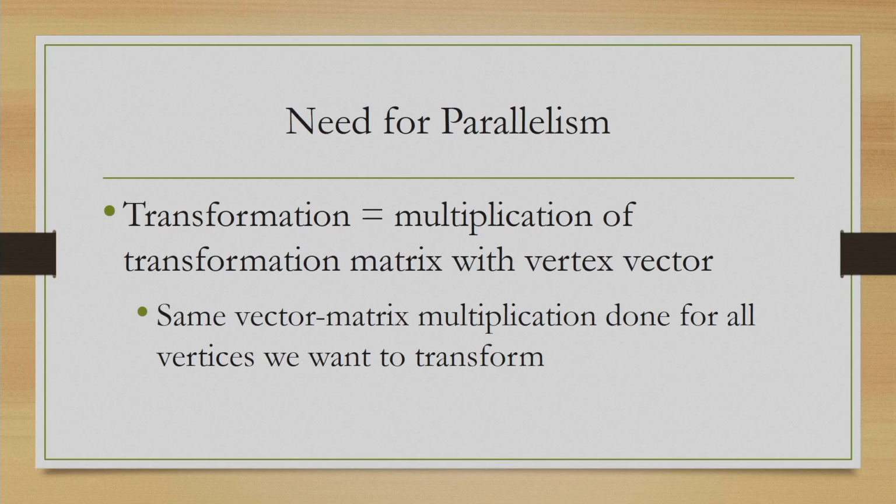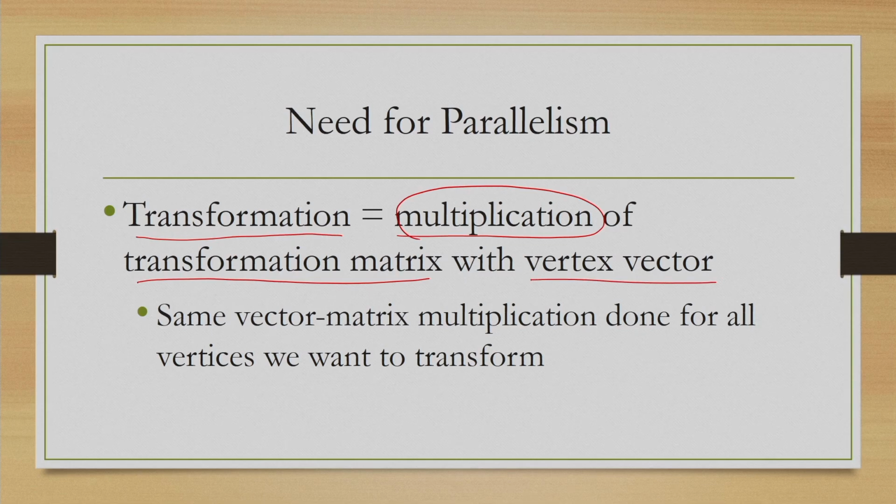And what is the transformation? If you may recollect from our earlier discussions, we defined transformation as a multiplication of two things. One is a transformation matrix and the other is a vertex vector.